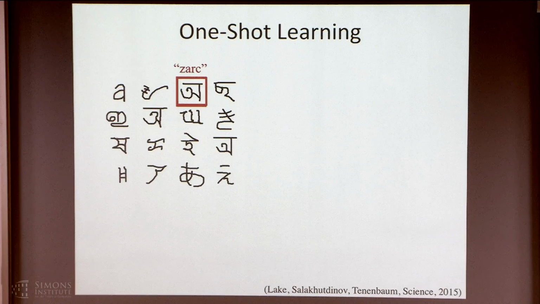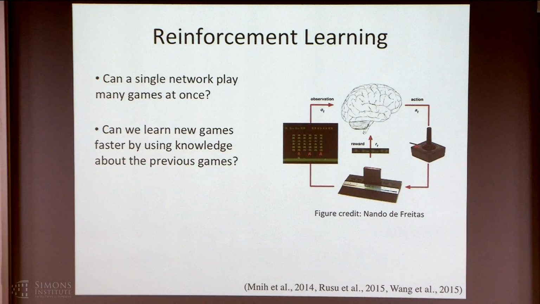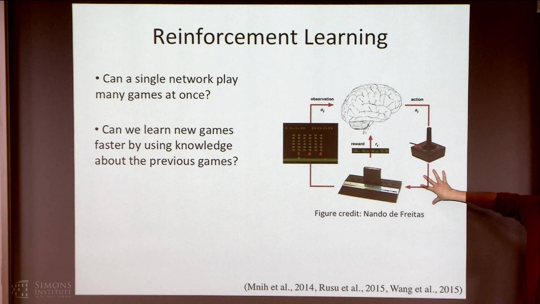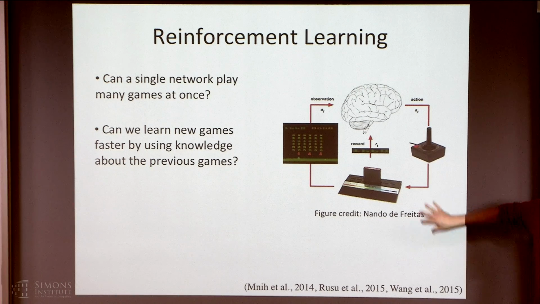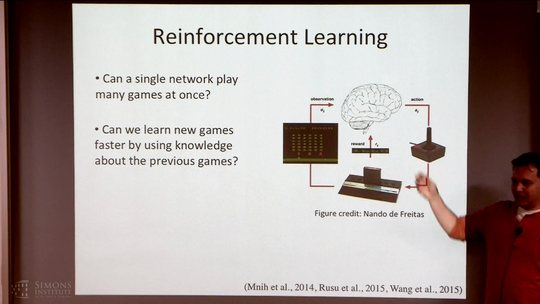Let me just skip that. There is also, and I'm almost done, this interesting class of models, reinforcement learning. So for those of you, especially students, this is another area that I think is very exciting and it's picking up a lot of attention. One of the things you can do is ask, can you build a system that can play multiple games at the same time?